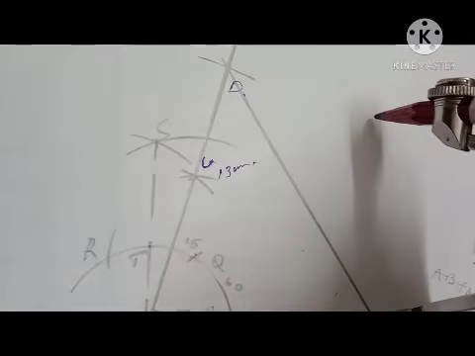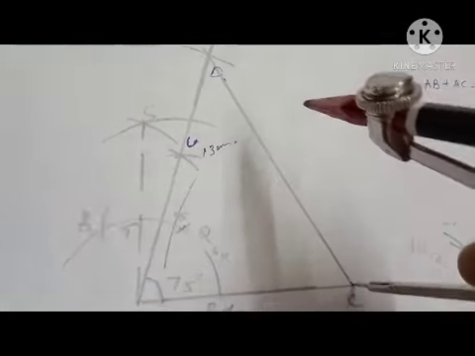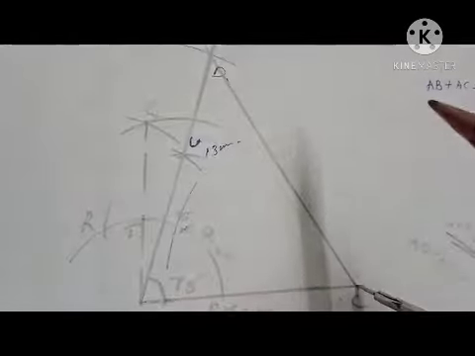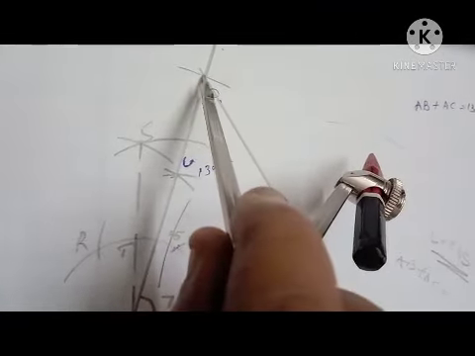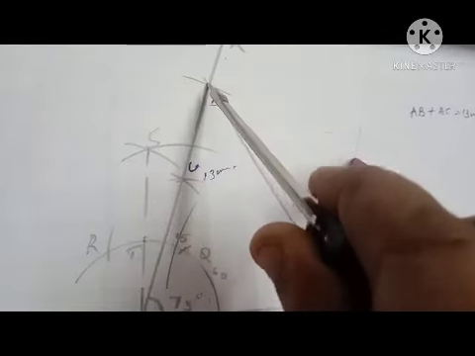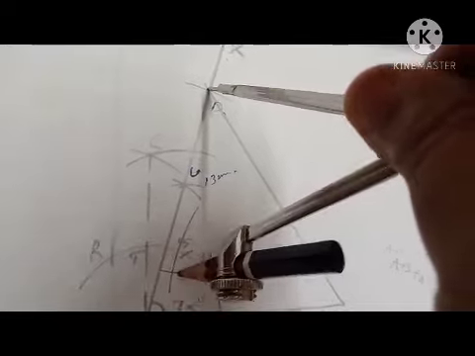Then we have to draw the arcs to the left and right of this line segment CD. With the same measure, we have to draw the arc from D also. You already know how to construct perpendicular bisectors. Many arcs are there, so no need to be confused.